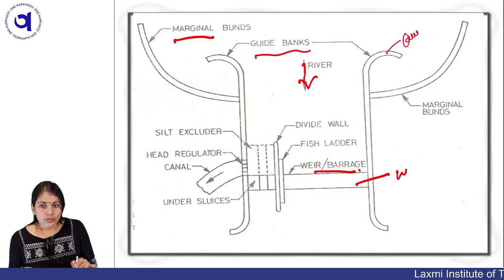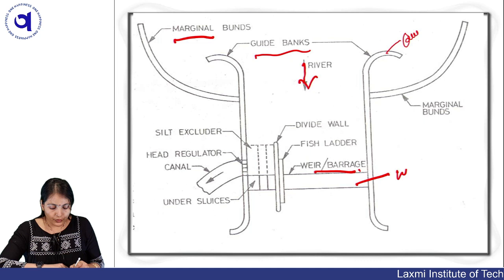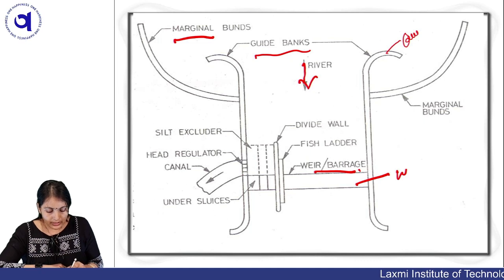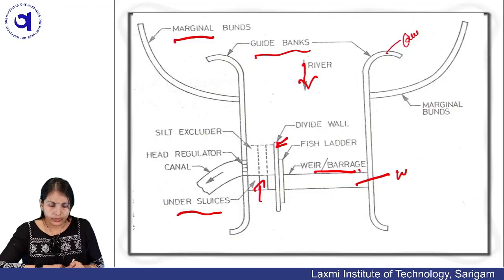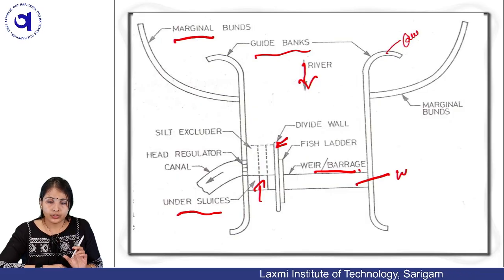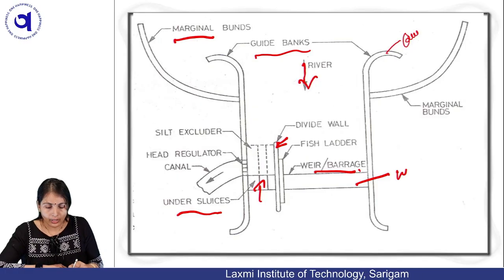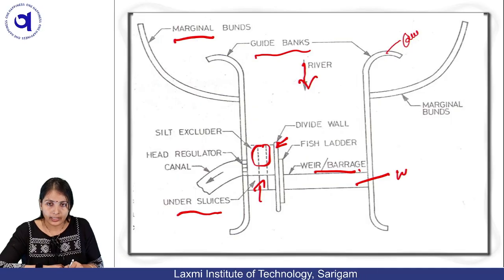Now I come to this point, that this is the weir or barrage. This is the divide wall between your under sluices portion. I have discussed under sluices in the last slide also. What does this divide wall do? It helps in reducing the velocity of the water. Whatever the velocity of water coming over this area, it reduces it. So water remains stagnant over this area.